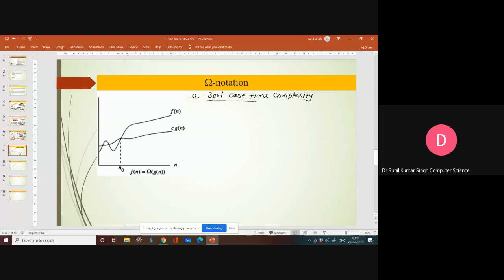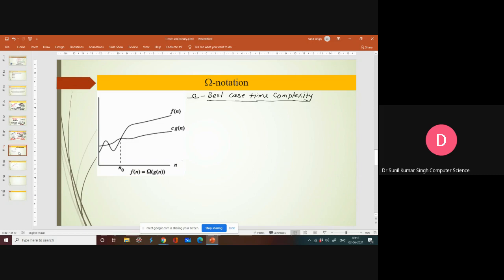And one thing, I think I have mentioned it or not, but let me repeat it. These notations are asymptotically tight, that means they can touch the boundaries.